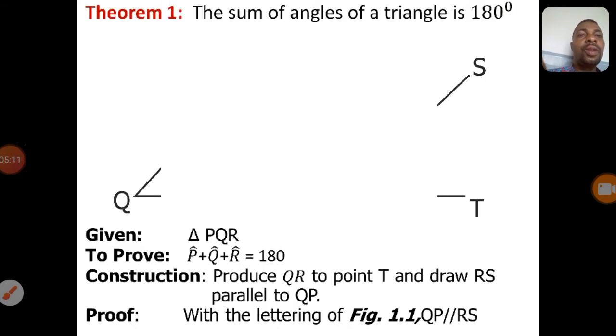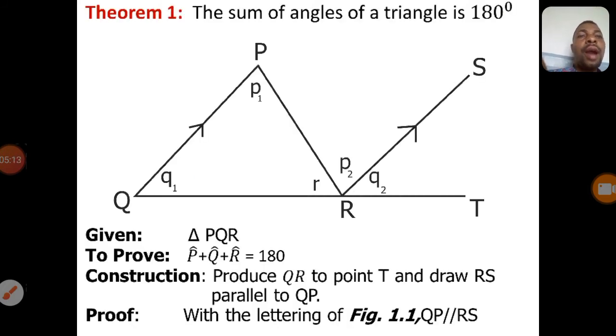For you to carry out a proof, you can see that 4 steps are listed out. Number 1 is given. Number 2 is to prove. Number 3 is construction. And finally, the proof.